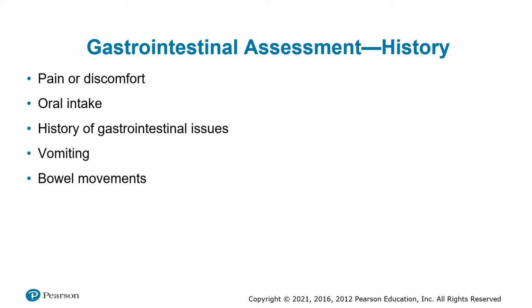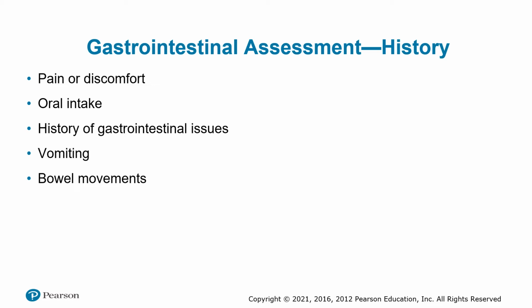History of gastrointestinal issues, like Crohn's disease, gallbladder issues, or pancreatitis. Those are things that patients live with on a daily basis, and they have to be careful of what they eat or take in, because otherwise it can cause issues with their GI system.